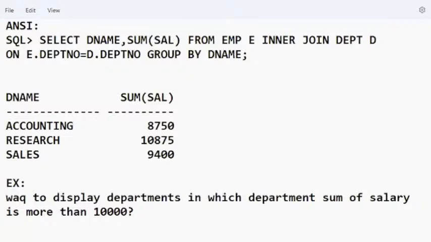Now tell me. So I wanted my departments in which department sum of salary is more than 10,000. So which department was there like this? Research. Now tell me how to write now.